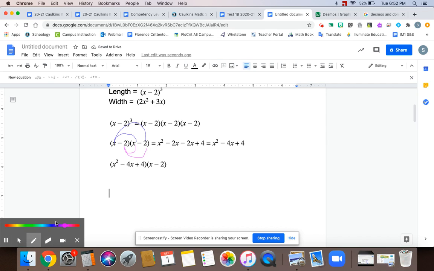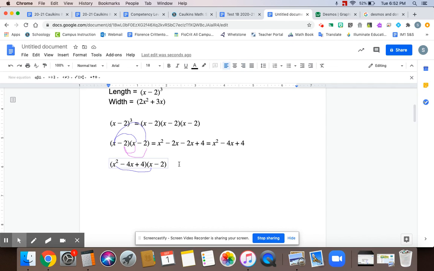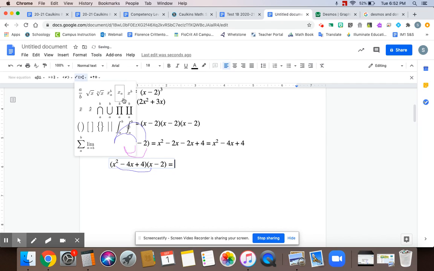The process is the same. I'm going to take my first term in my parentheses, which is x squared, and multiply it to the x term because it's the first one in the next parentheses. X squared times x is x to the power 3, x cubed.